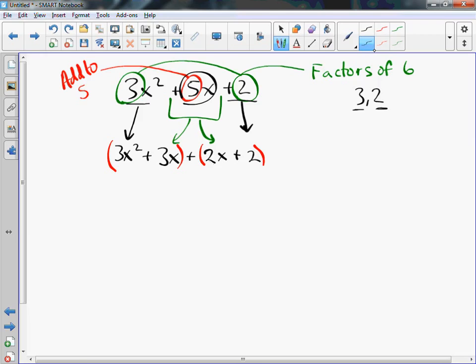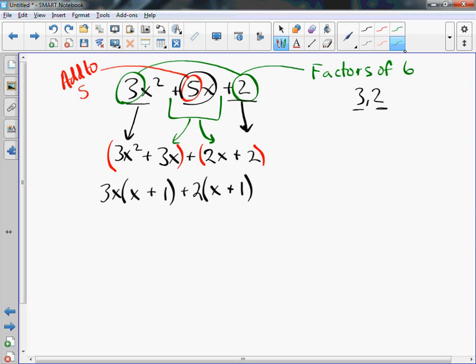Now I just factor out of the first group by using distribution, just reverse distribution here, and I can take a 3x out, and I'm left with x plus 1, plus, because that plus sign is there. In the second group I can take a 2 out, and I'm left with x plus 1.